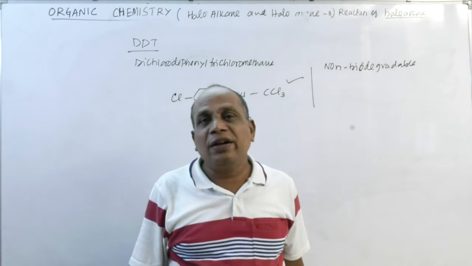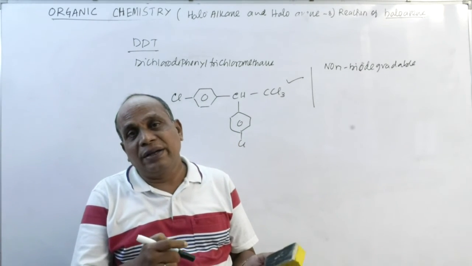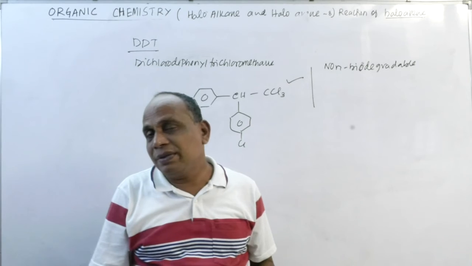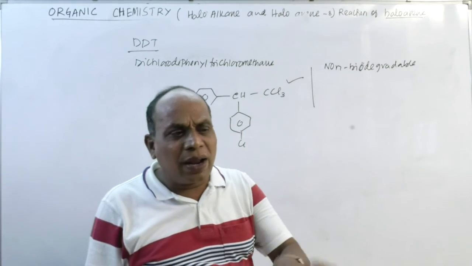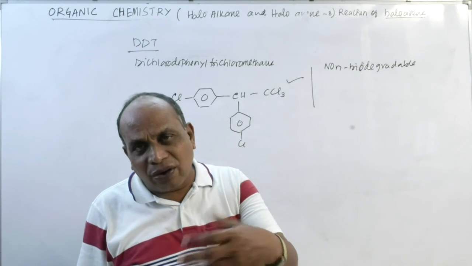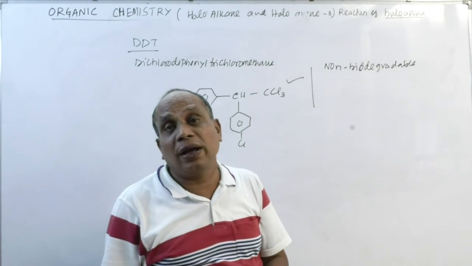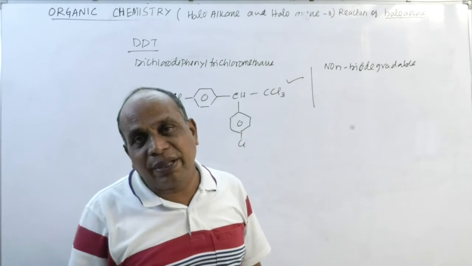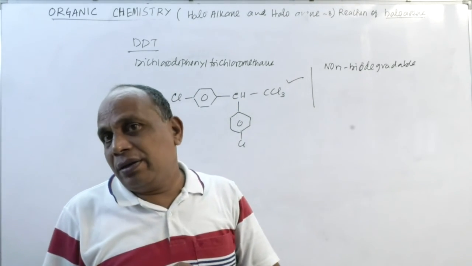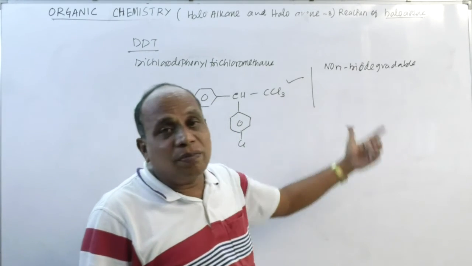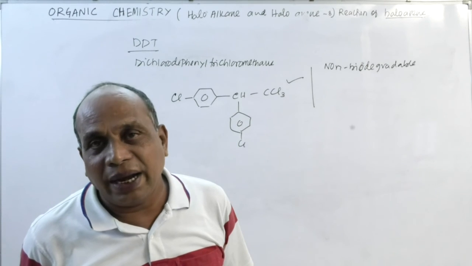What is a non-biodegradable pollutant? It means it cannot mix into the environment. What is biodegradable? Suppose you throw a piece of paper; after a few days, after one month, the paper gets hydrolyzed or reacts with the soil or microorganisms of the soil, it gets destroyed and mixes with your soil. That is called biodegradable. But what about this? It is non-biodegradable. That's why it is banned.